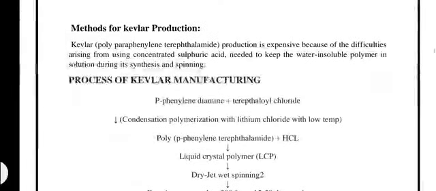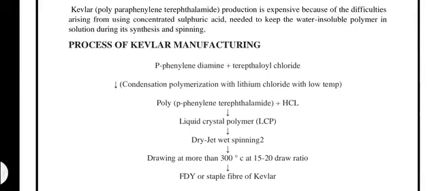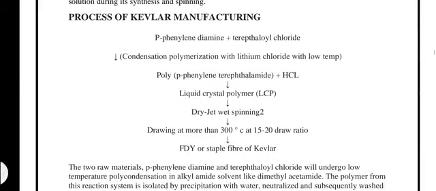Then we have the methods for Kevlar production. Kevlar production is expensive because of the difficulties arising from using the concentrated sulfuric acid needed to keep the water-insoluble polymer in solution during its synthesis and spinning. The process includes, first of all, paraphenylene diamine being mixed with terephthaloyl chloride.